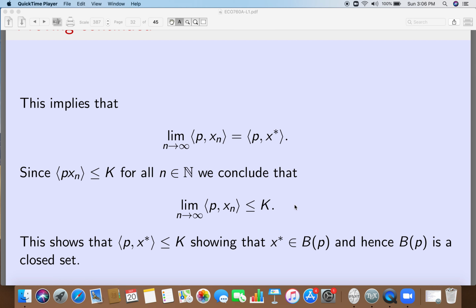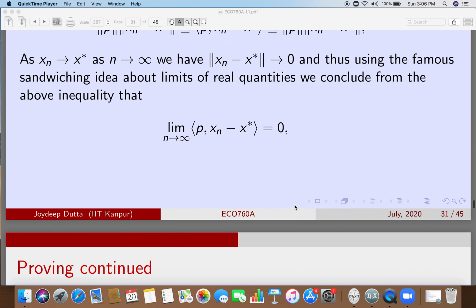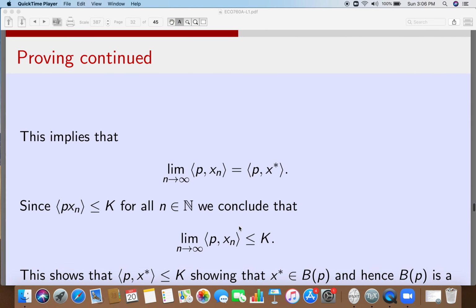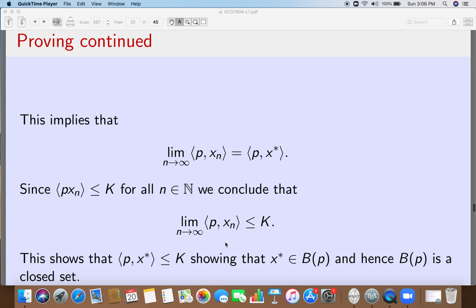Obviously, if everything is less than or equal to k, and if the limit exists, it has to be less than or equal to k. The limit of course exists in both these cases. So now what does it show? It shows the limit of Pxn is Px star.